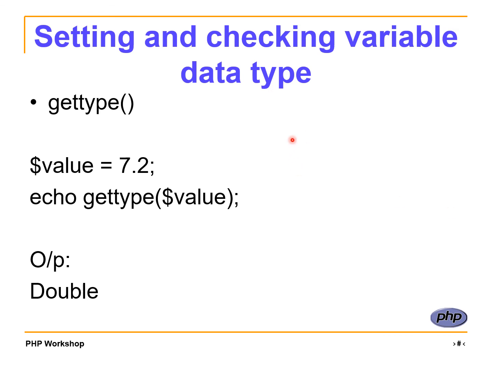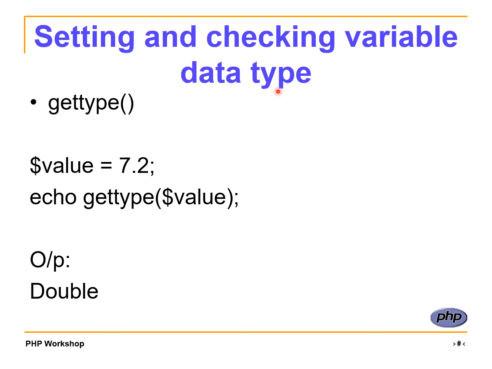Now we have to see a variable data type function: setting and checking variable data type. PHP is a scripting language like JavaScript. While we are declaring a PHP variable, we are not specifying the data type of the variable.